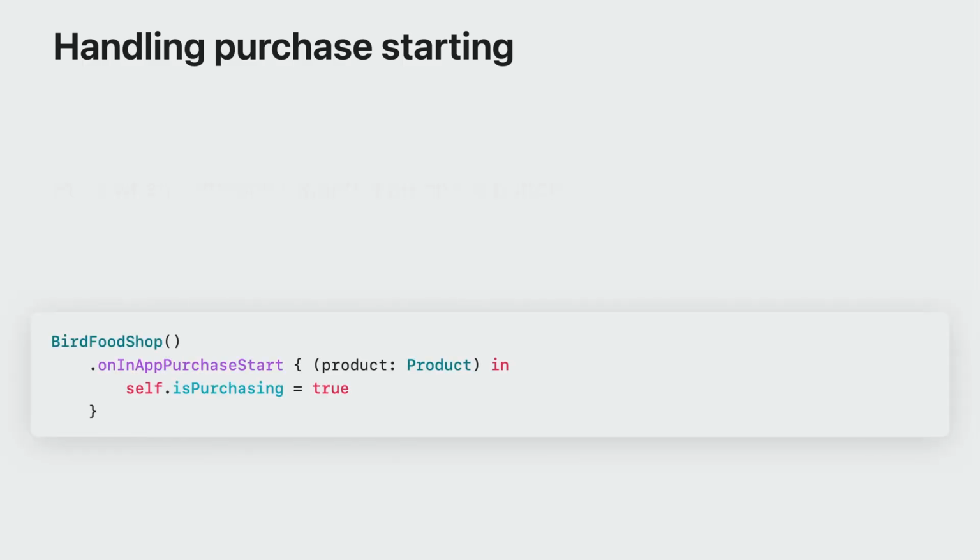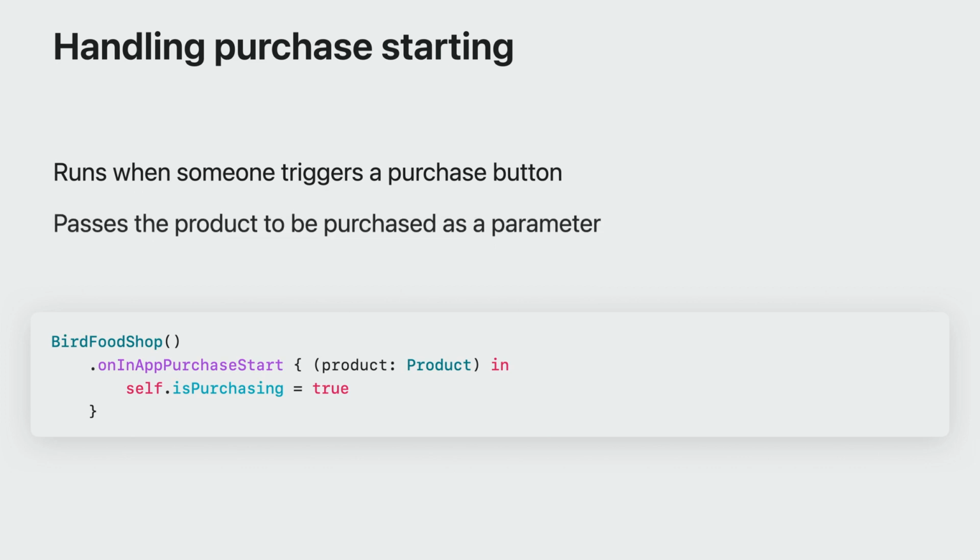In addition to on in-app purchase completion, there are a few other related view modifiers you can use to handle events from StoreKit views. You can use on in-app purchase start to handle when someone triggers a purchase button, but before the purchase begins. This is useful if you want to update some UI components while the purchase is running, like dimming controls.